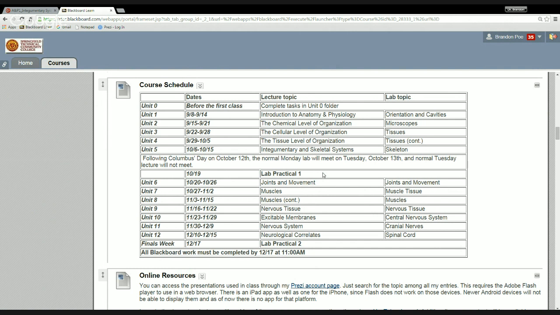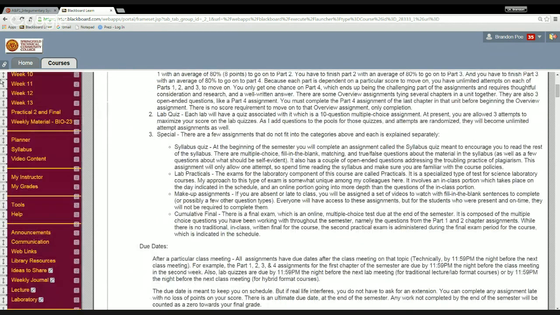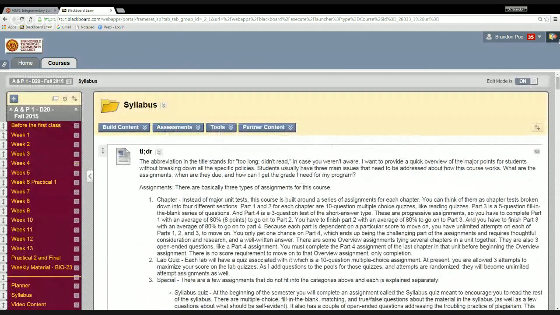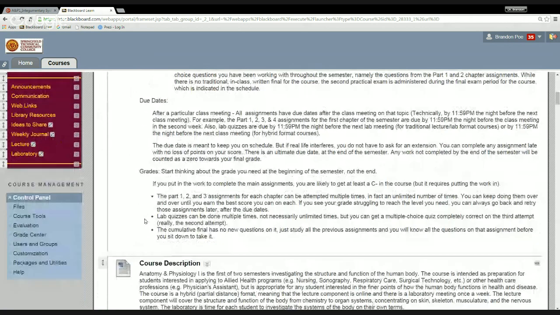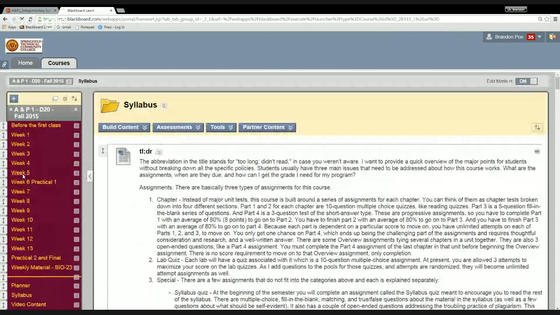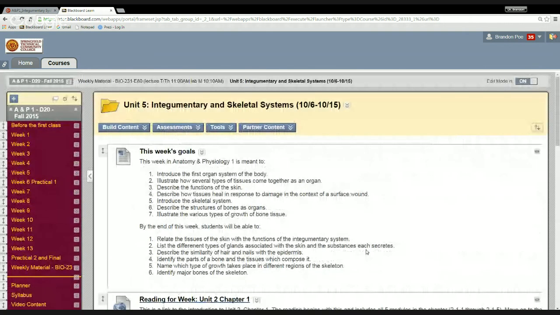So just the 6th through the 15th really represents 2 weeks worth of stuff, which is the skin and bone sections. Now, I don't have presentation stuff in here. Whoops, I'm not even in the right place. Don't have presentation stuff here for the skin and the bones.